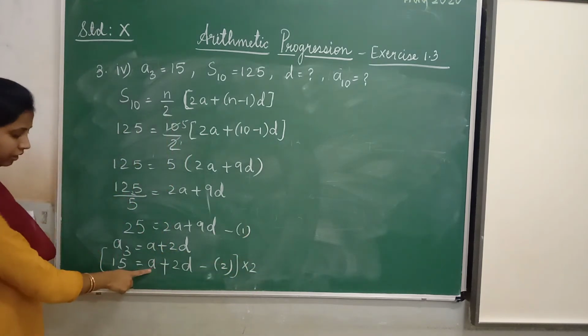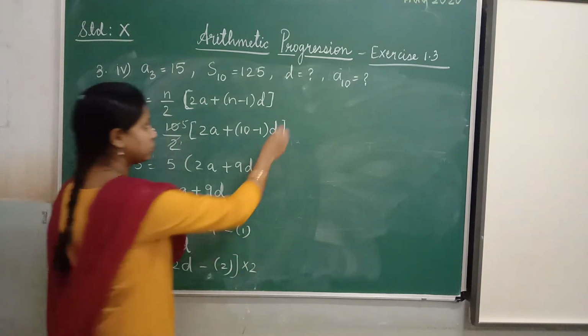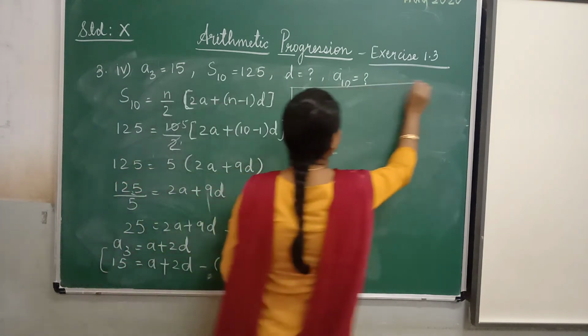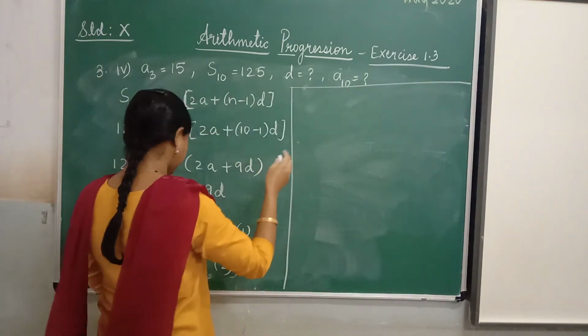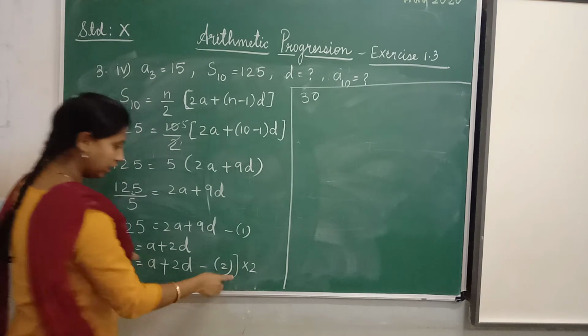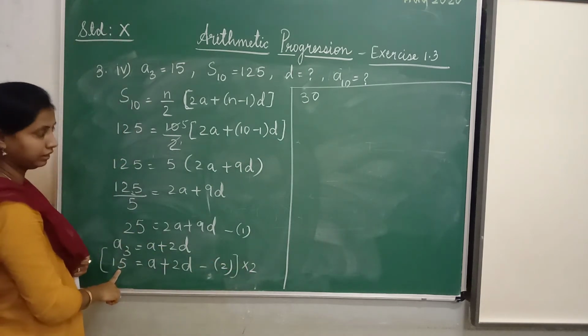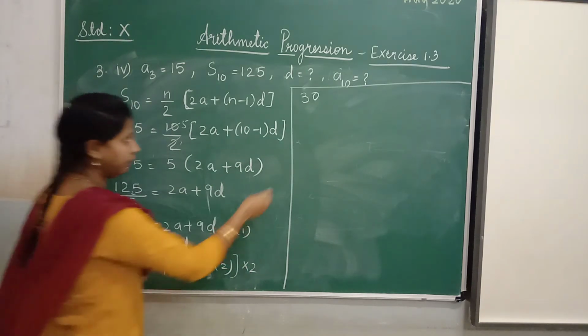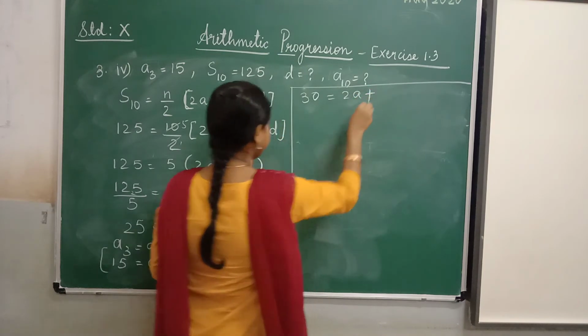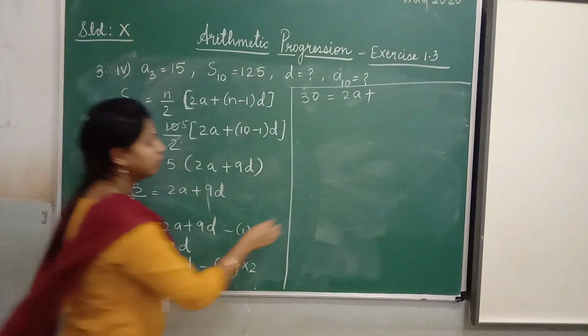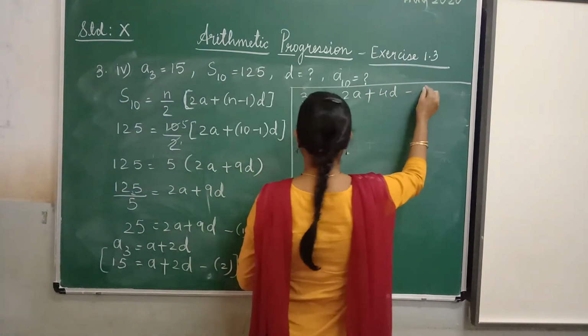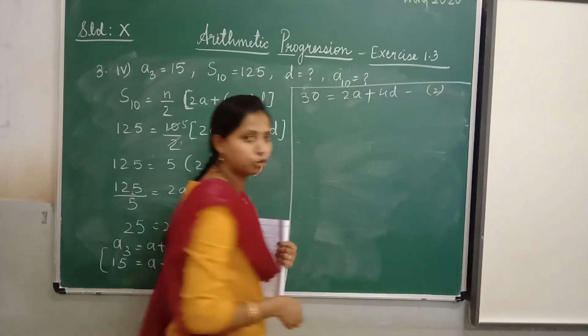So all the terms you have to multiply: 2 into 15 is 30, 2 into a is 2a, and 2 into 2d is 4d. So now this is our changed equation 2.